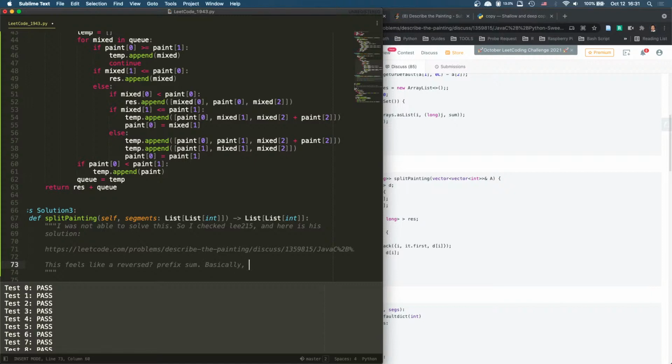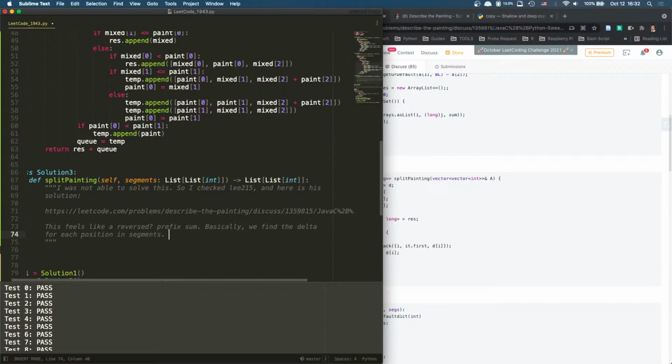Basically, we find the delta for each position in segments and put that in a dictionary, d. The definition, so d[i] means the delta value from i towards infinity, right? The delta value from i towards infinity.